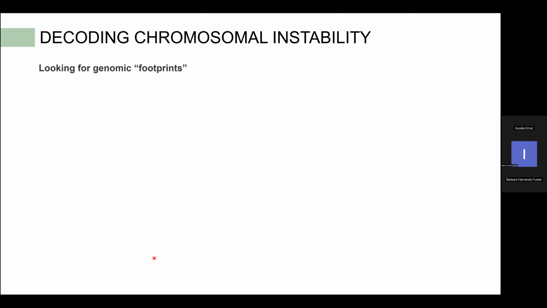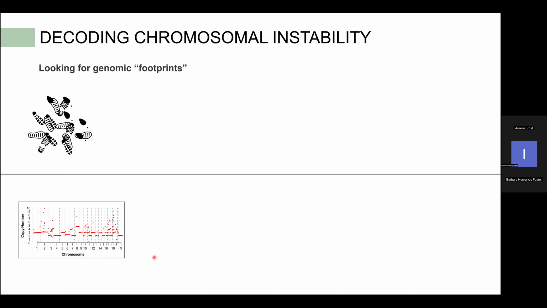As you might know, the genomic architecture of a tumor is the result of the different mutational processes that operate during tumorigenesis. Therefore, what we did was to look at patterns or genomic scars in these complex tumors, the same way that a detective looks for footprints at a crime scene.